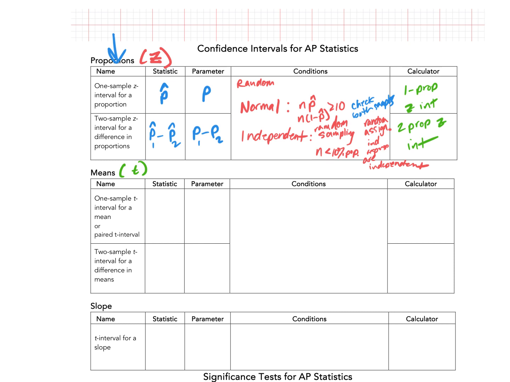If I'm doing a one sample t interval, what is the statistic I would use? X bar, the mean of our sample. What would it be trying to estimate? Mu.